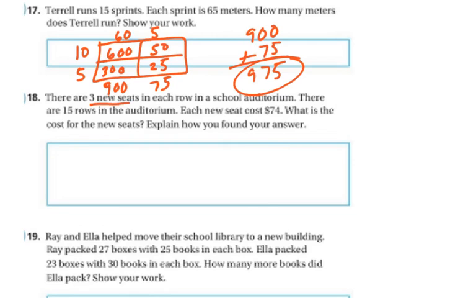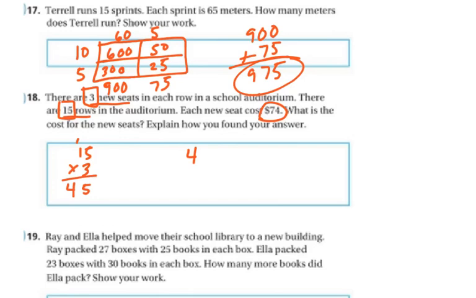There are 3 new seats in each row of the school auditorium. There are 15 rows in the auditorium. Each new seat costs $74. What is the cost for the new seats? Well, first you need to find out how many seats there are. So there's 3 new seats and there are 15 rows. So 15 times 3. 3 times 5 is 15. 3 times 1 is 3 plus 1 is 4.